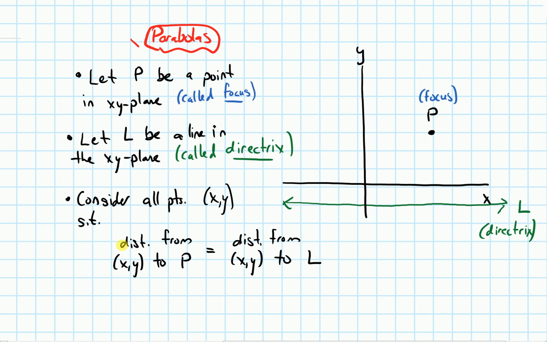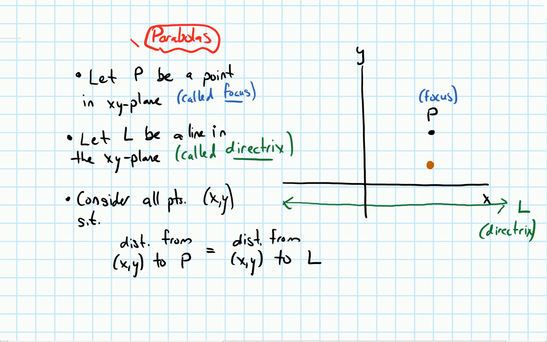In other words, I want to consider all points that are the same distance from the focus as they are from the directrix. So I'm going to sketch some of those points. One point that's the same distance from the focus as from the directrix: if I draw a perpendicular from the point P to the directrix, the midpoint of that line is the same distance from P as it is from the directrix.